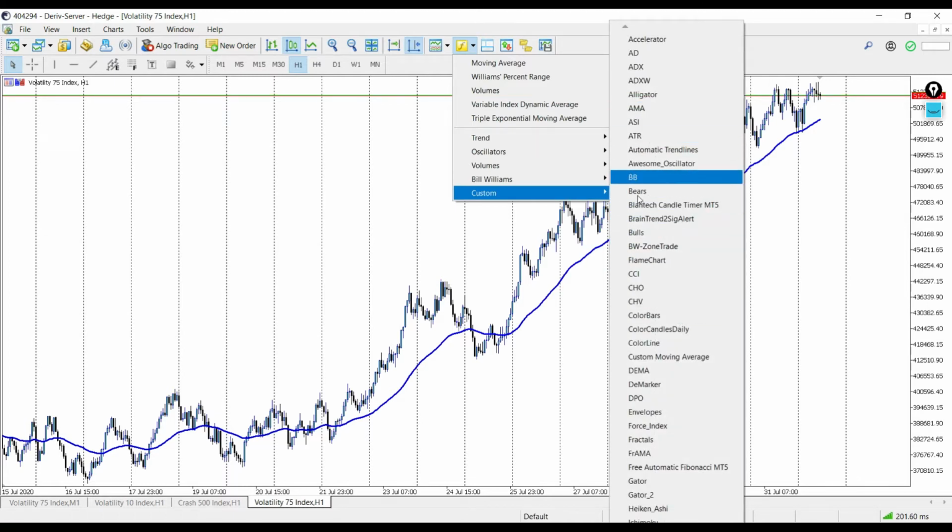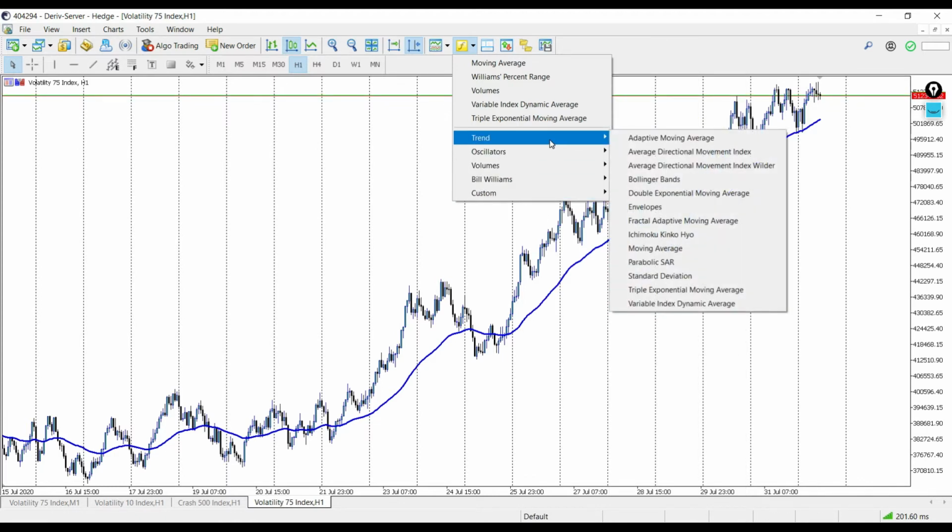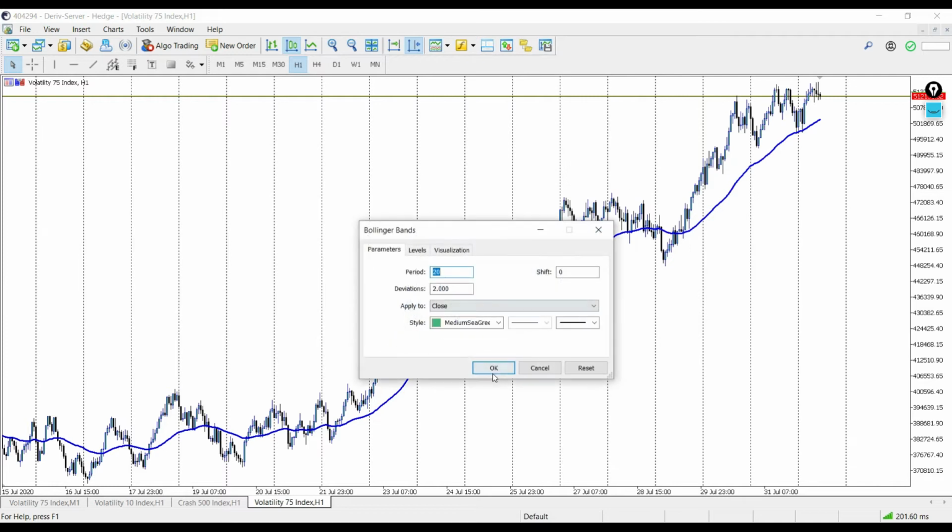let's just add. Okay, I want to add the ones that I know mostly. Where is the RSI? Okay, I've done the moving average. We can do the Bollinger Bands if we like.